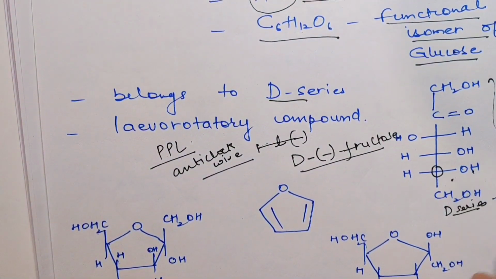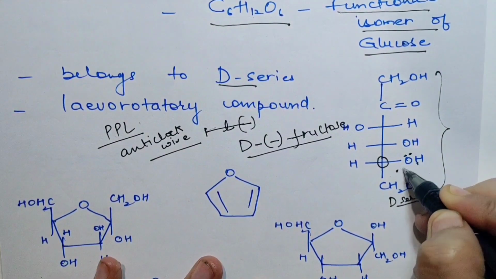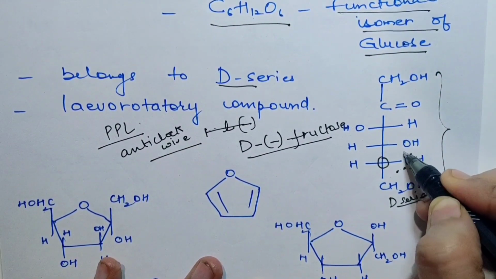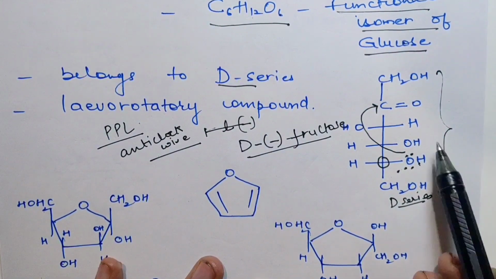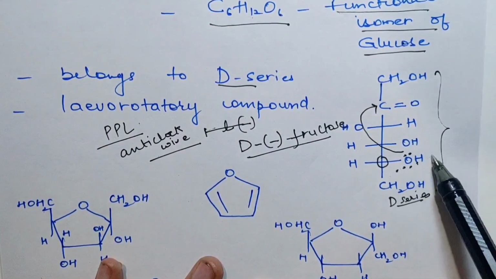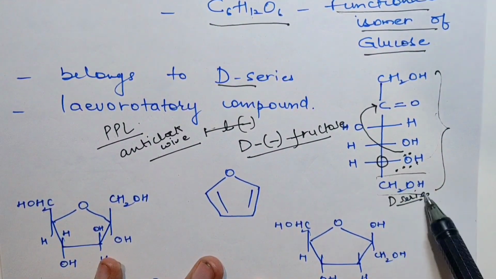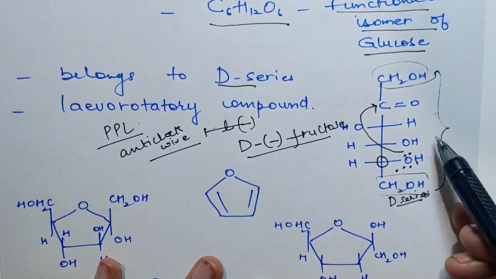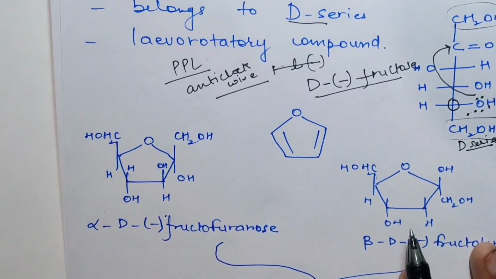Now, this also exists in cyclic forms because here also the lone pair present on the 5th carbon would attack the carbonyl carbon. But here, the ring that would be formed would be a 5-membered ring with these two hanging out, and one of the members would be the oxygen. So this is what you get.